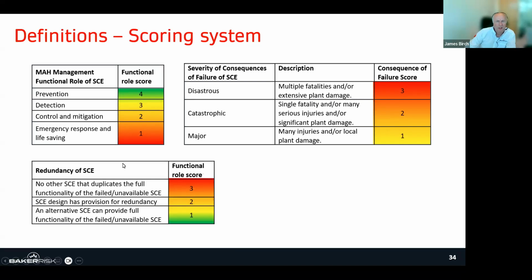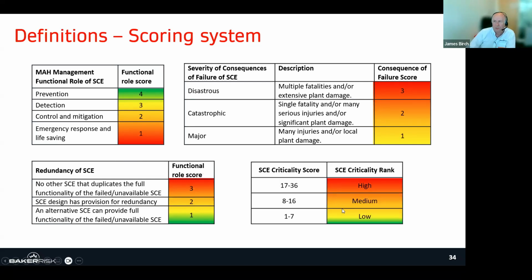And also redundancy. If we only have one protection, we want to be very sure we focus on making sure that protection is good. So where we have little redundancy, we give a high score. And by multiplying the 3 scores together, we can arrive at a ranking for the SCE.